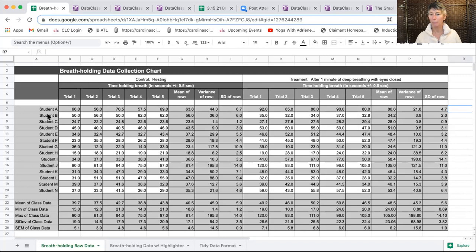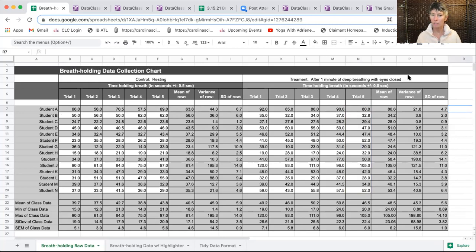So in this experiment, student A, a student in my class, was asked to hold their breath and time themselves, and self-report the data on this spreadsheet. They did 5 trials at the beginning of class, and however many seconds they had, they just put it on the chart. Then I asked them to take 1 minute of deep relaxation with their eyes closed, breathing deeply.